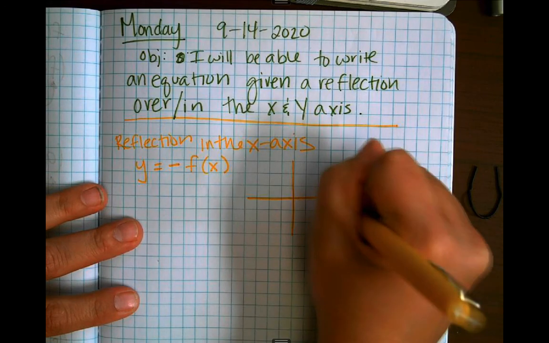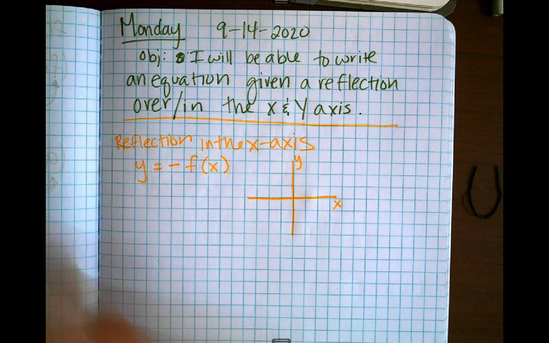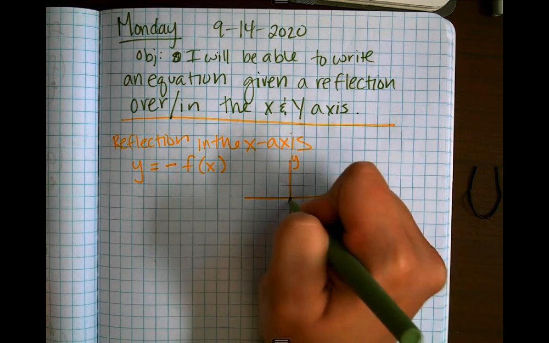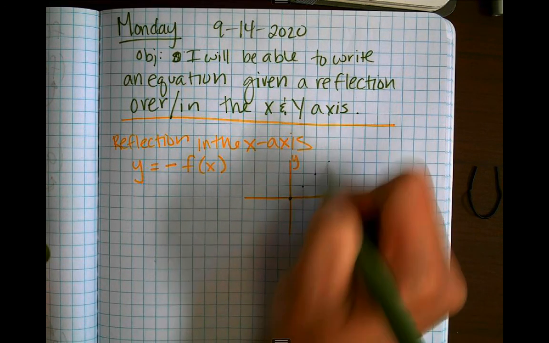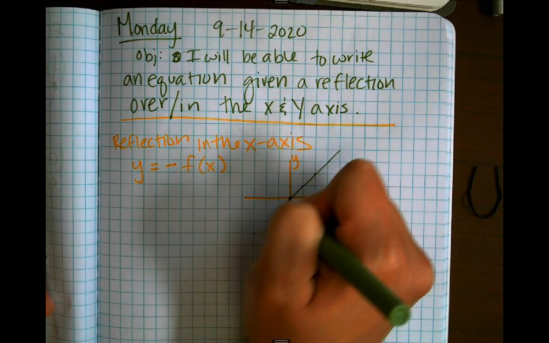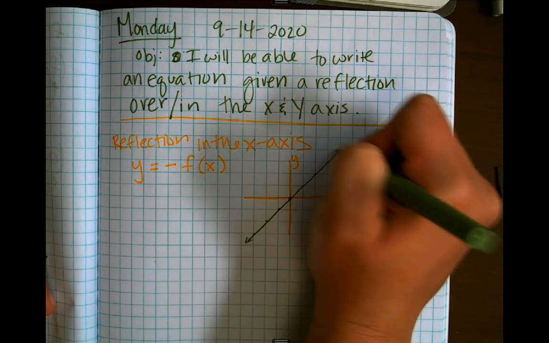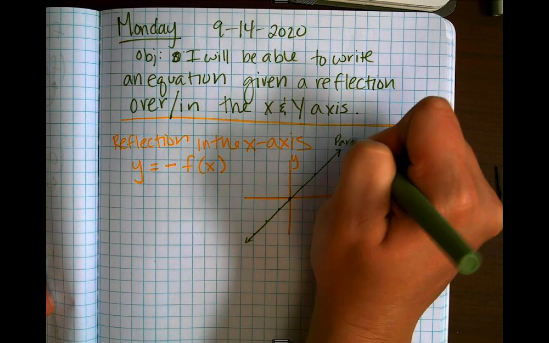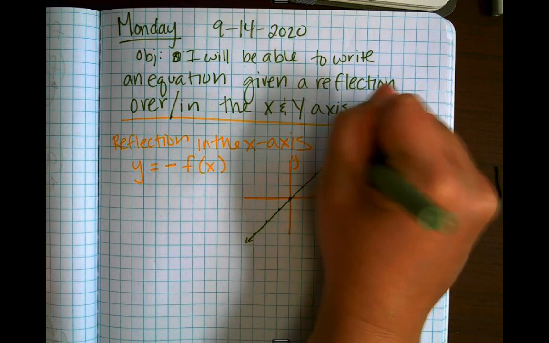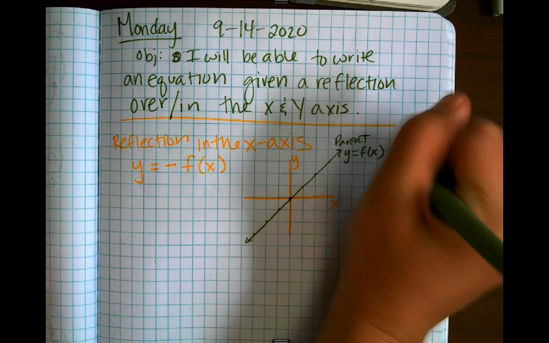So this is my x-axis and this is my y-axis. Okay. If I had the linear parent goes through 0, 0, slope of 1. Okay. So this is my parent. Okay. And if we call this one y equals f of x, okay.